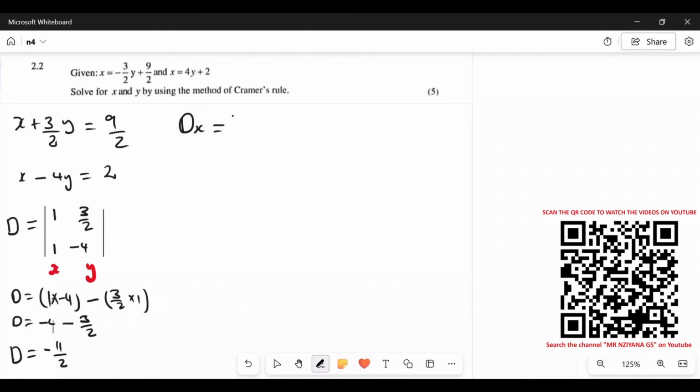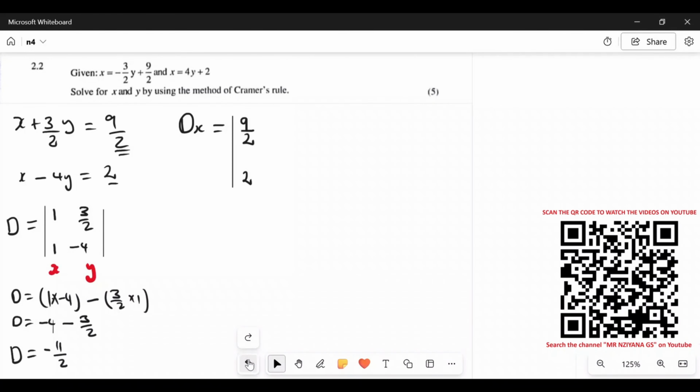So let's continue. dx is going to be equal to, on the first column, remember we are calculating the determinant for x, we're going to write in the constants there: 9 over 2 for the first equation, and 2 for the second equation.